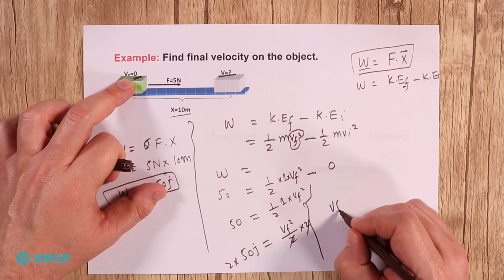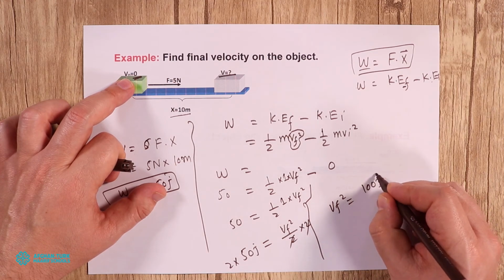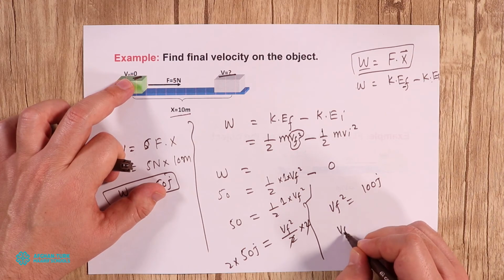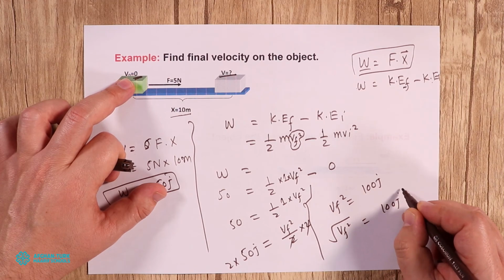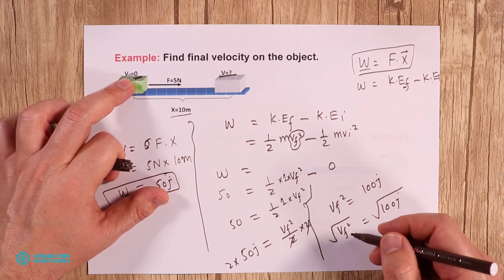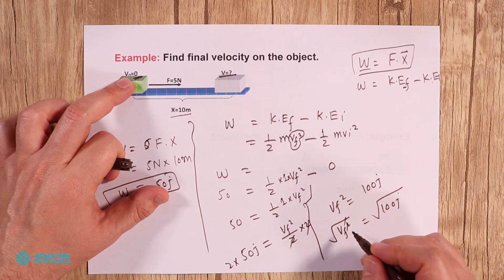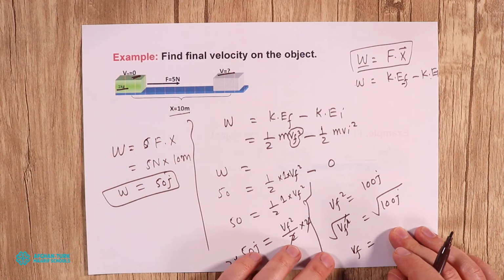Now v_f squared is equal to 50 multiplied by 2, which is equal to 100, and taking the square root on both sides, and cancelling the units, I will solve this directly because of the short time.